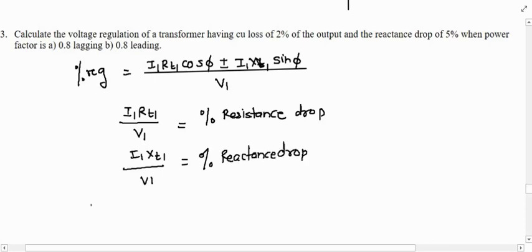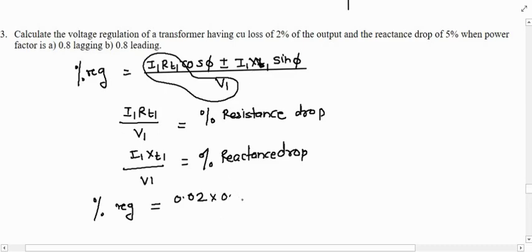So simply we have to put in the values for percentage regulation. The positive sign is for lagging power factor, the negative sign is for leading power factor. So we get 0.02, since 2% means 0.02, into cos phi 1, which is 0.8 lagging.